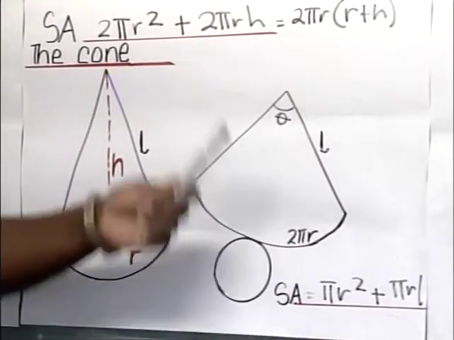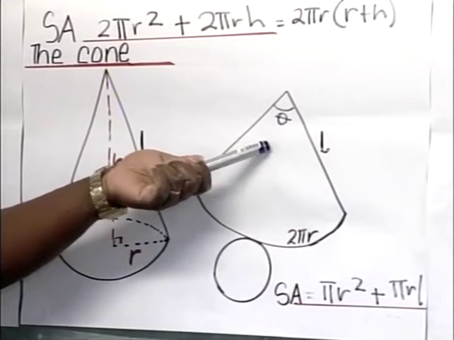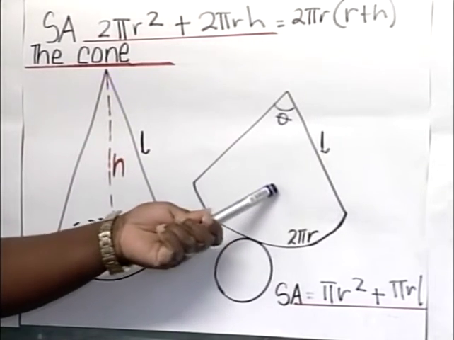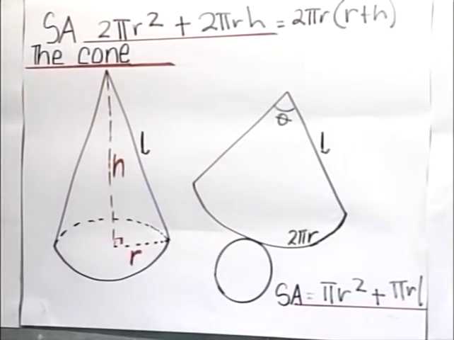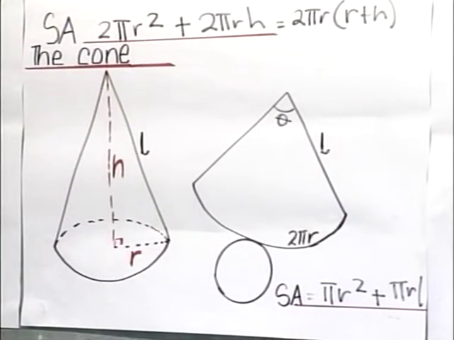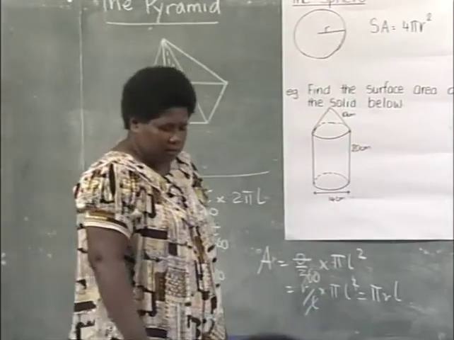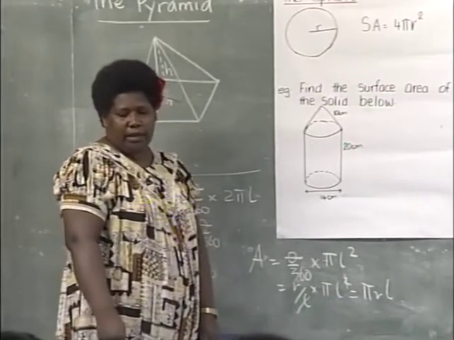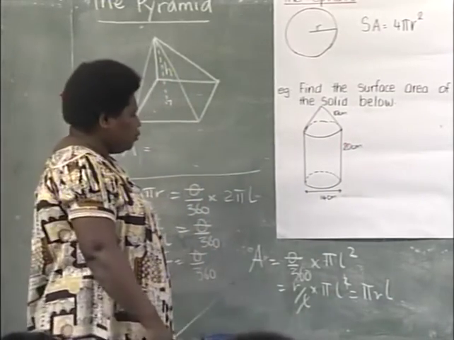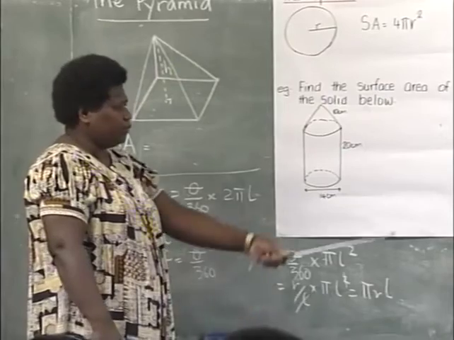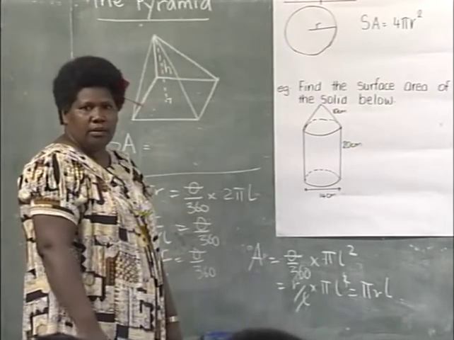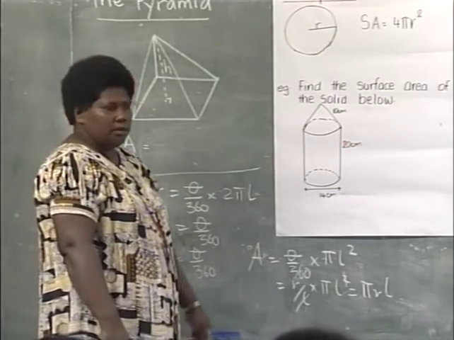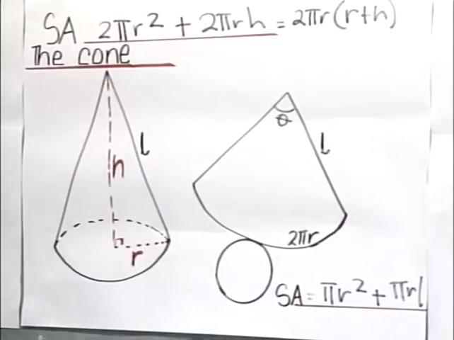It's the circular end plus pi r L, which is the area of the sector. I've just proven to you that it's pi r L. Is that clear? When I gave an assignment last year to the grade 11s, they actually had to prove where they got the surface area of a cone from. Sometimes, you know, you've got to know where the formulas come from.